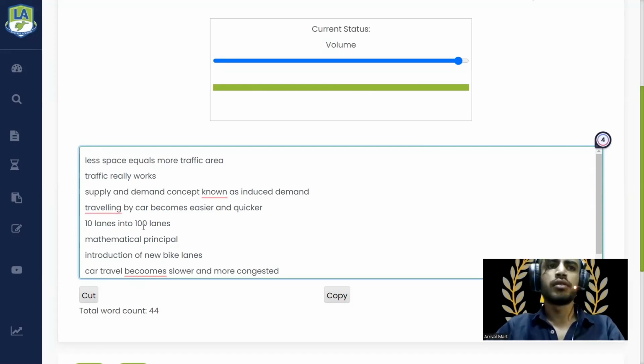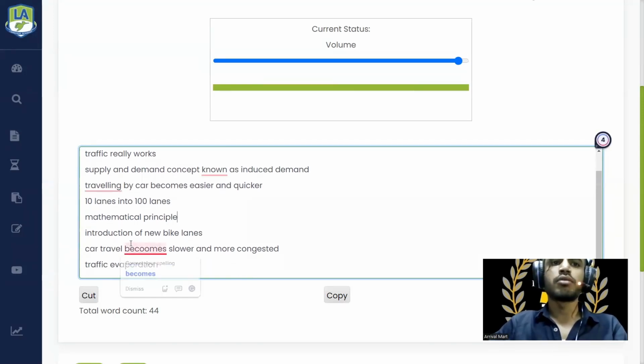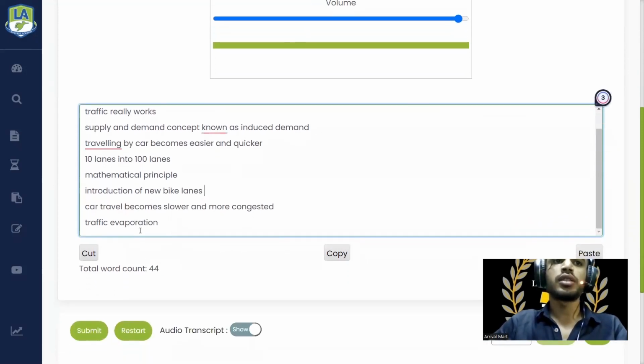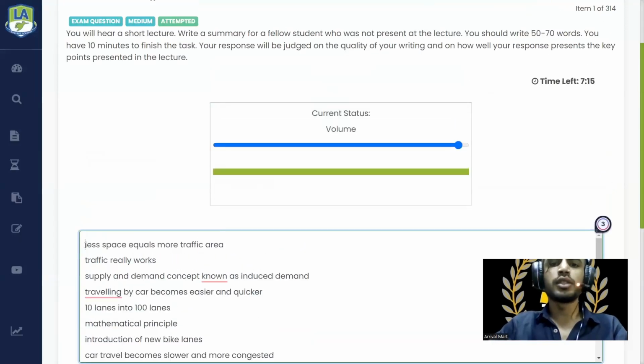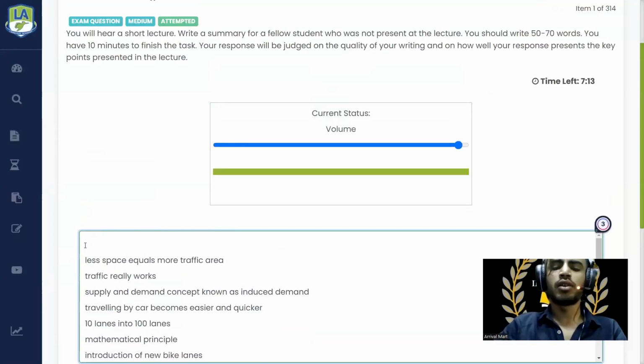No worry. 10 lanes into 100 lanes. Mathematical principle. Introduction to new bike lanes, and travel becomes slower and more congested. Traffic evaporation. Okay, now I'm going to copy the template first and show you guys how I will be using these things.